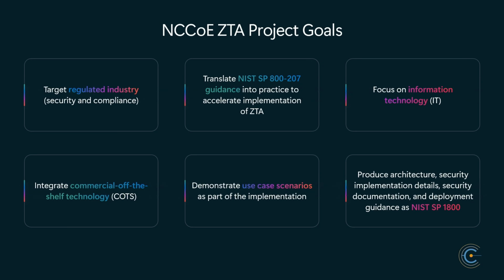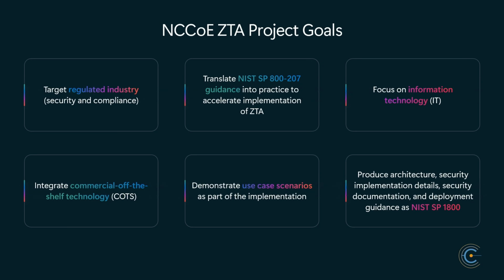And we focus on IT technology, because the enterprise can be composed of OT and IoT, as Mark indicated, but we're going to start first with the IT components. Hopefully, that's a foundational piece that you could build upon as you add other parts of your enterprise to it. And we are looking at commercial off-the-shelf technology. So these are things that are shipping today, available, that people can pull together.